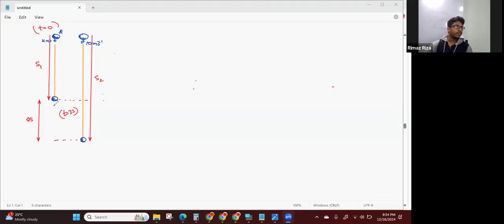So the distance between the two balls, is it 1.5 or 2? So it can be only one distance, right?